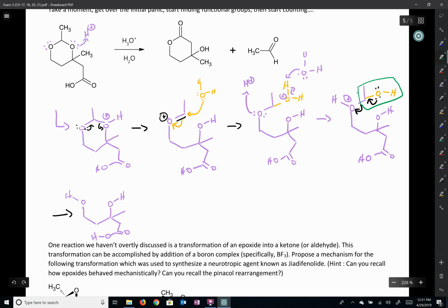So I'm going to box this in green here. So we had this bound to yellow H that made that. And so we'll do the proton shuffle one more time.